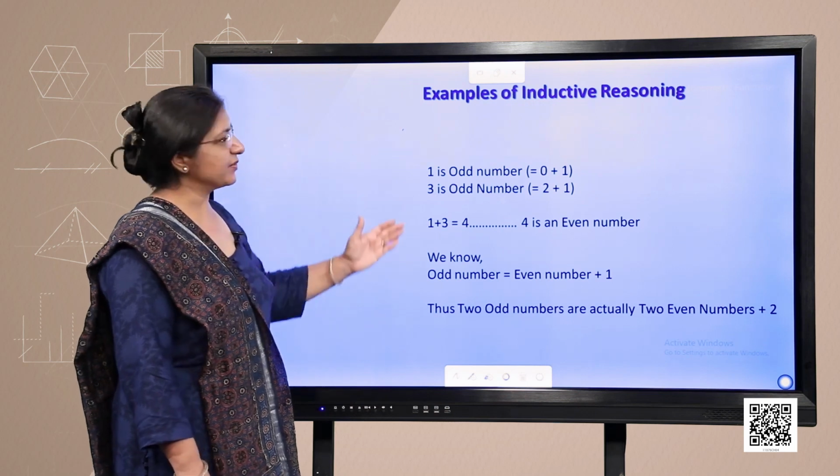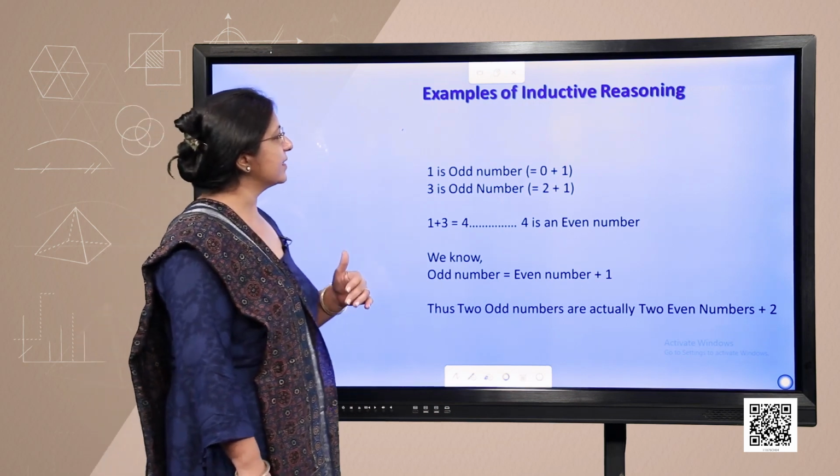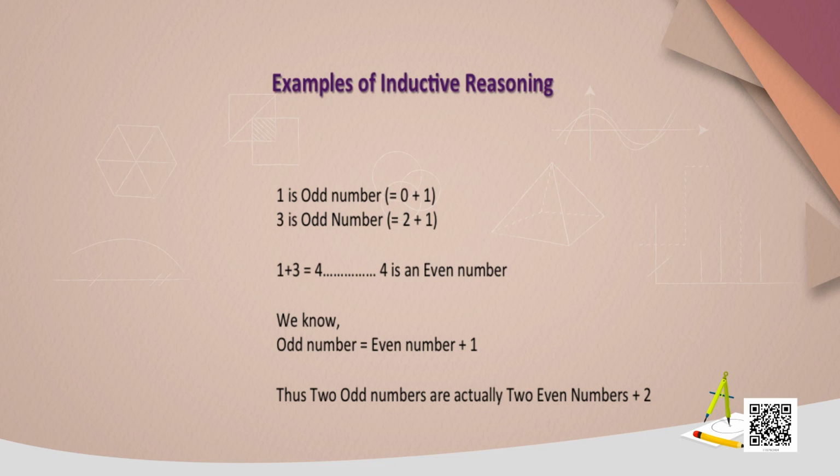Now, with the help of this mathematical example, you can understand it better. 1 is an odd number which can be represented as 0 plus 1. 3 is an odd number which can be written as 2 plus 1, where 0 and 2 are even numbers. Now, 1 plus 3 is 4 and 4 is an even number.